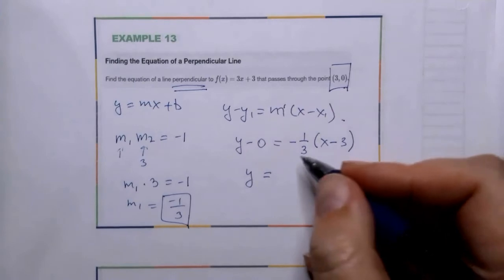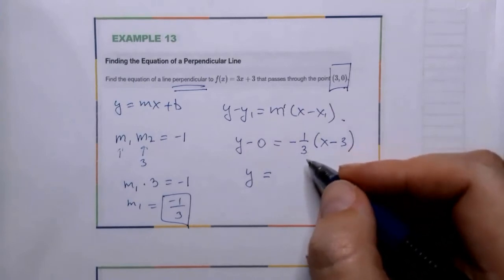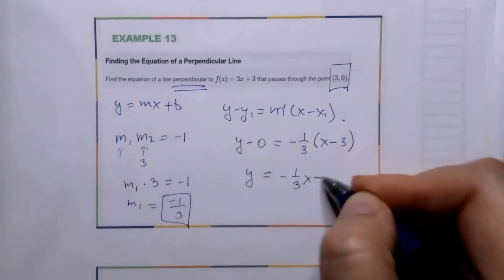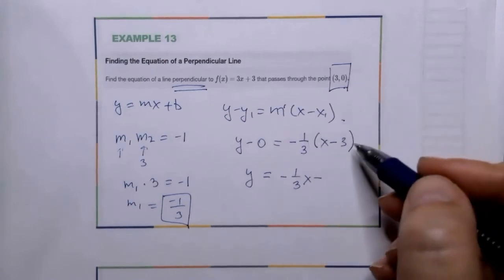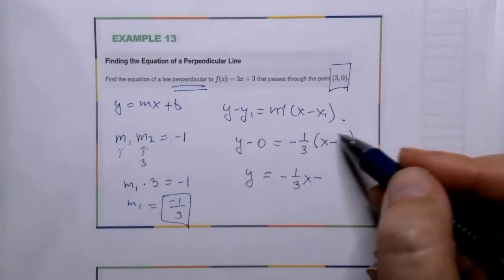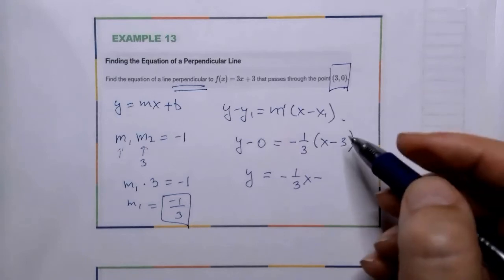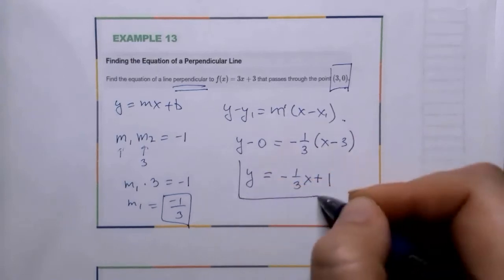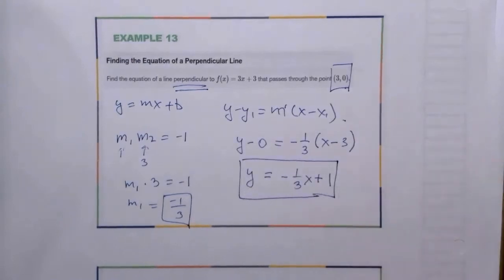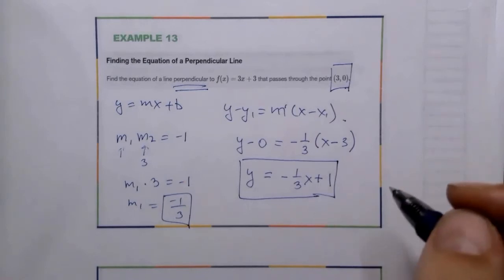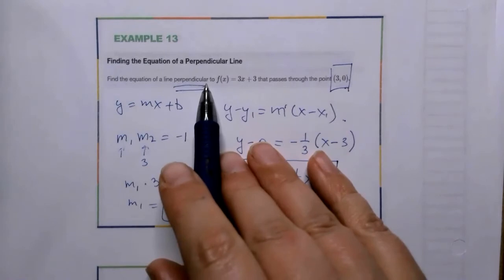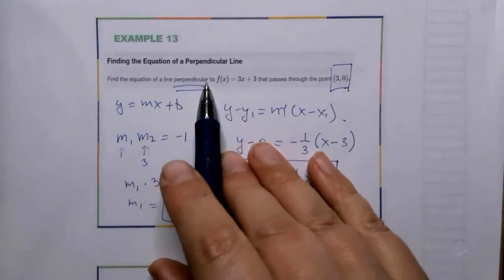We don't have to worry about it at all. It disappears. So we have -1/3 x minus, okay, -1/3 times -3 is actually a +1. So it's going to be +1. And that's it. That's my equation. So guys, remember, a point and a slope. And if they give you the line perpendicular or parallel, they're giving you a slope.